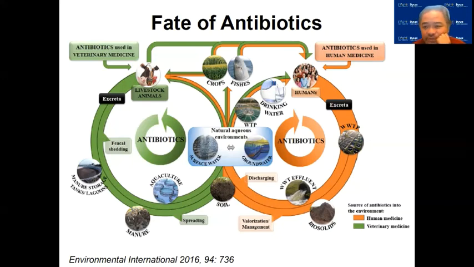They treat it for other purposes, for other chemicals that they use. And since not all of these antibiotics are treated, they can go back in the form of drinking water. So some of these metabolites can go back and then be utilized by humans.